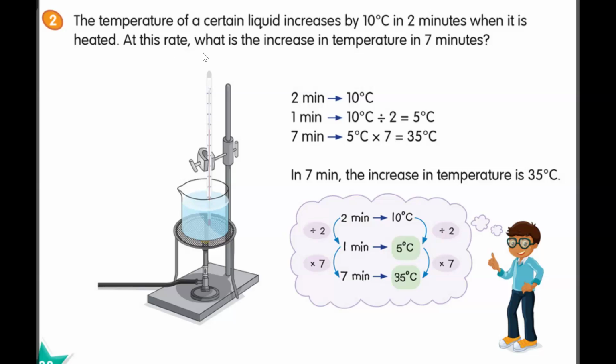And then it says at this rate, what is the increase in temperature in 7 minutes? As we have learned previously, you find the part of it that's 1 minute. So you divide first to find 1 minute and what's the degrees. In 1 minute, the increase in temperature is 5 degrees Celsius. Then in 7 minutes is 5 times 7, 35 degrees Celsius.